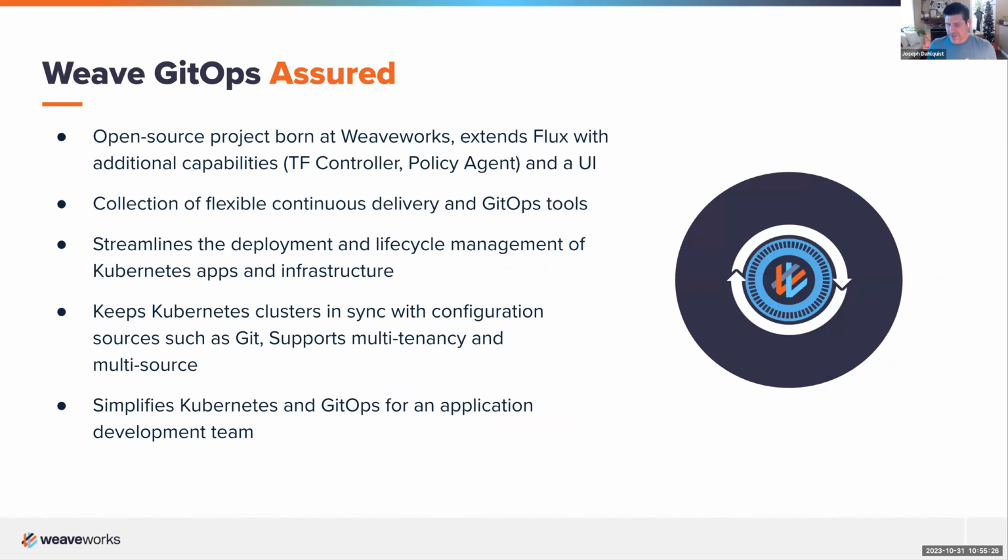One of the ways that we can deliver this heightened security, this ability to make compliance a little less onerous for companies, is through a product that we launched just a few months ago called Weave Gitops Assured. Now, this is based on extending the capabilities of Flux with other open source tools, but also wrapping it with some really important stuff that helps boost security and compliance, such as enterprise grade technical support, very important.